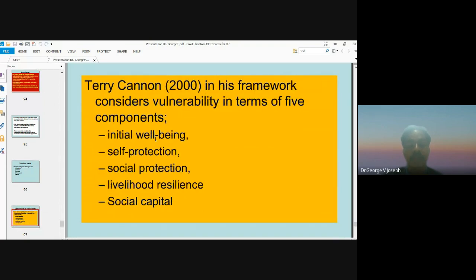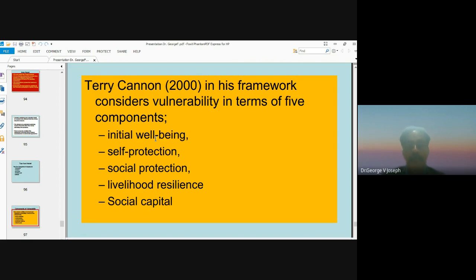So initial well-being is that pre-existing vulnerability, and self-protection is how motivated people are to use protective equipment and protective systems, how motivated people are to use seatbelts or driving licenses after proper training, or the warning systems. How society, is there a social force, is there a social dynamics to risk reduction?